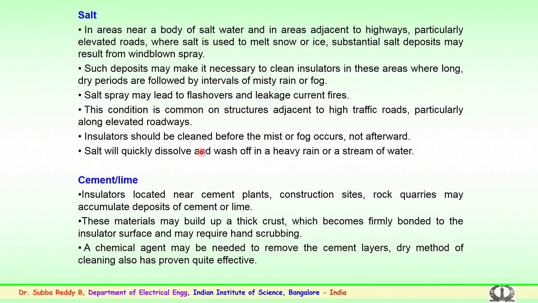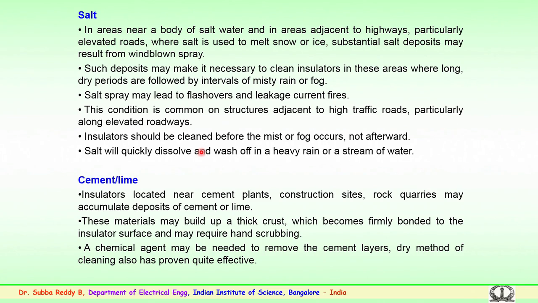Salt will quickly dissolve and wash off in a heavy rain or a stream of water. So, what happens in case the contaminant is cement or lime? Insulators located near cement plants, construction sites and rock quarries may accumulate dust from the cement or lime over a period, and the material may build up a thick crust which becomes firmly bonded to the insulator surface.